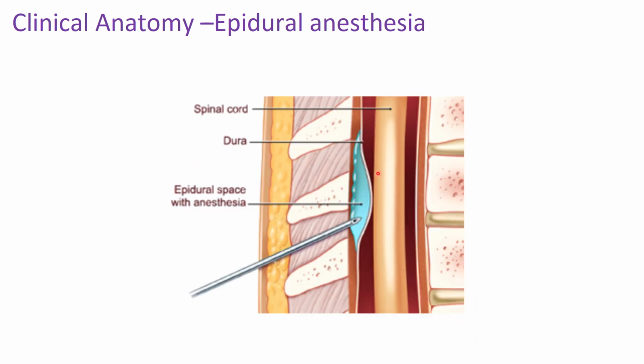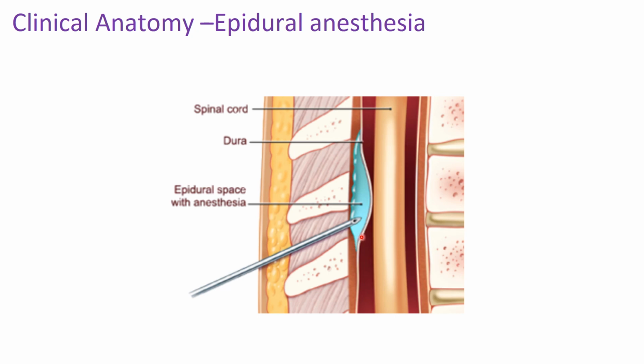The next clinical correlation that we're going to discuss is epidural anesthesia. So an epidural anesthesia occurs by pushing a needle through the muscle and layers of fat and tissue to get to the coverings of the spinal cord, the meninges, but we're going to inject the anesthetic agent over top of the dura mater.